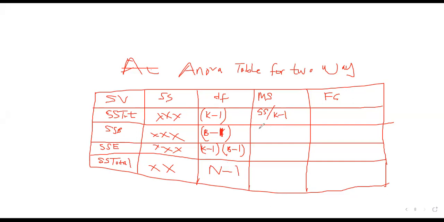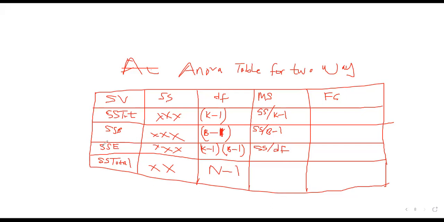Then the other one is SS, sum of square for blocks, divided by b minus 1. Then the other one is also about the same. So it's SS, then divide by the degree of freedom, which we have gotten there.